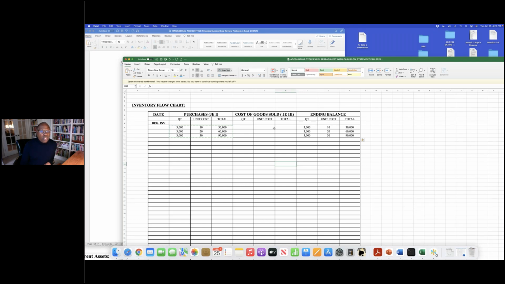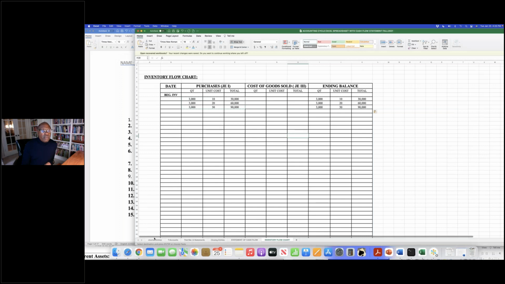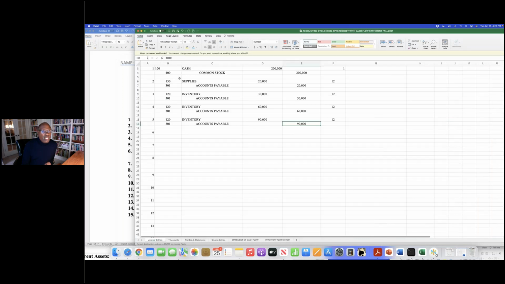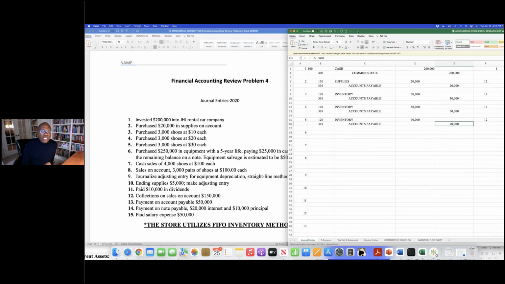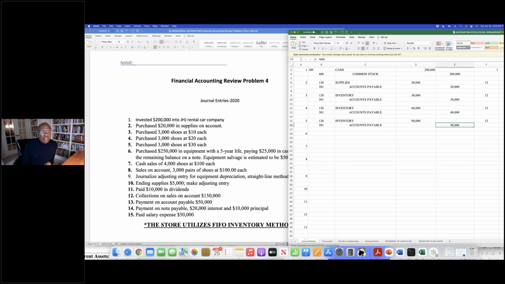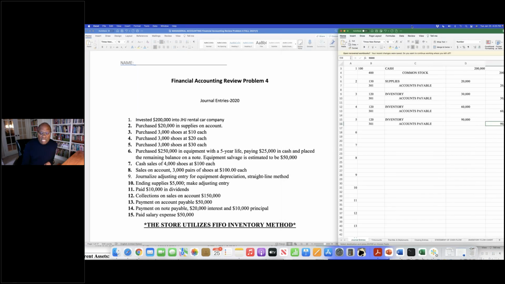Let's go back to our journal entries. Purchased $250,000 in equipment, paying $25,000 in cash, and signed a note for the balance. 5-year life, estimated salvage $50,000.